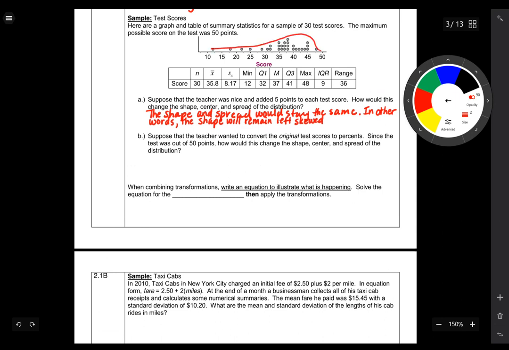And the standard deviation and IQR would stay the same. So all your stuff relating to Q1, Q3, that's all going to stay the same. The mean and median would go up by 5 because those are your measures of center.